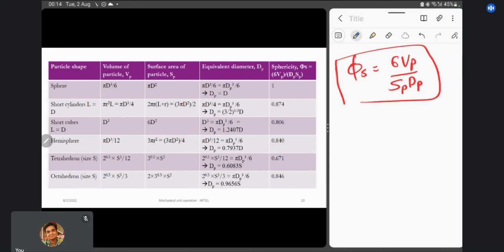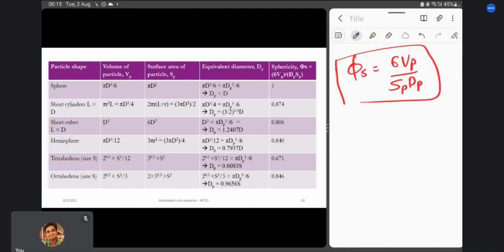For some materials the sphericity will be very low, which is only 0.28, 0.3, 0.4, that also. So for that kind of materials the application is totally different than for the highly spherical materials. If you want to use that kind of material, it will be very well suited for the catalysis process.